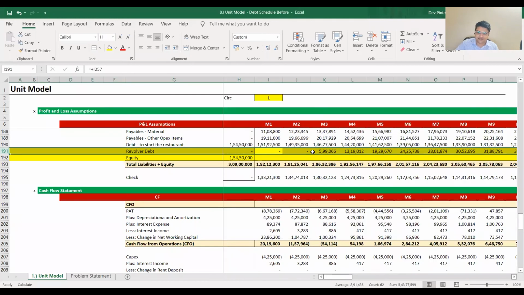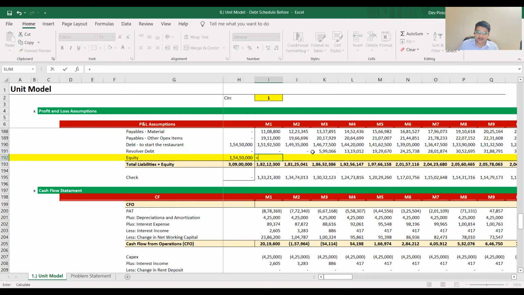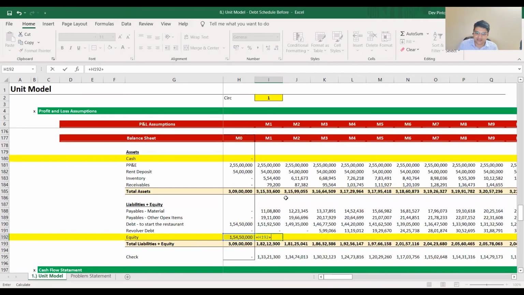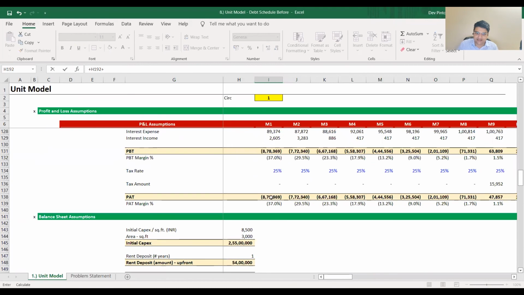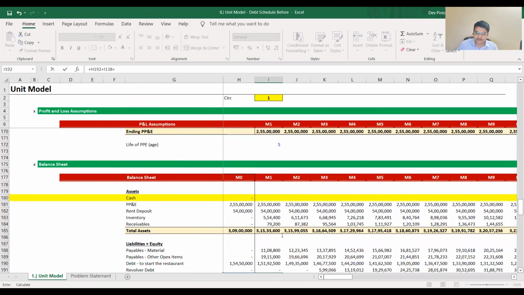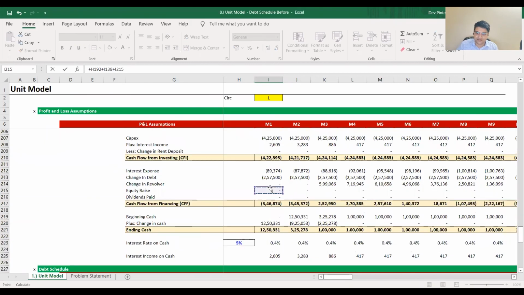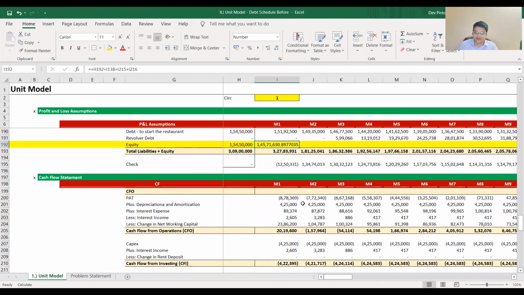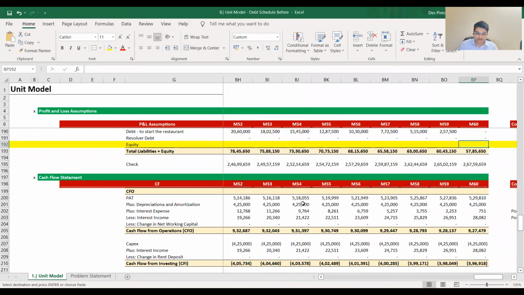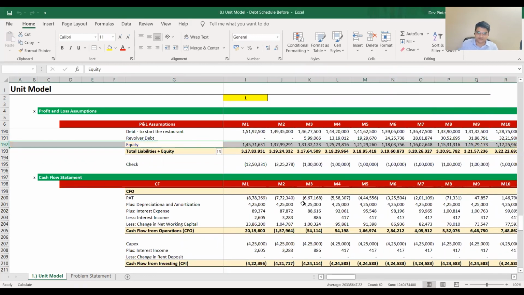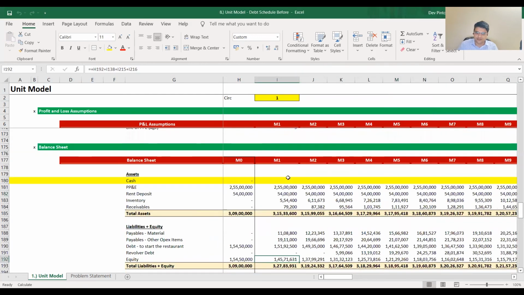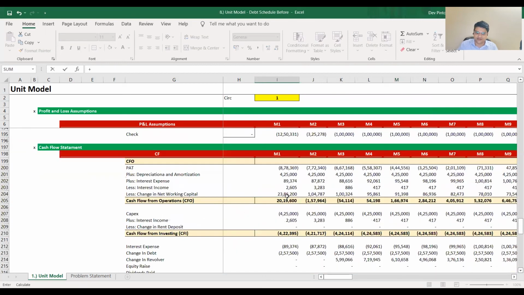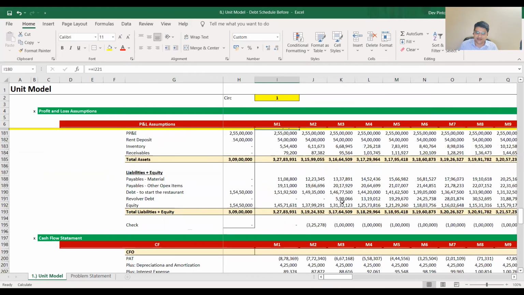Revolver balance. This equity, right? Which will be nothing but 1 plus PAT plus equity raise, which will be this minus dividends. But in this case, we've already assumed dividends have a negative sign. So this will be it. And the last line item link, of course, is cash, right? So let's just do ending cash.